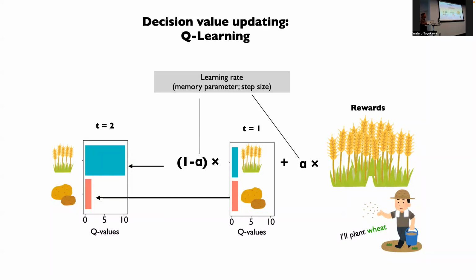For example, the unchosen option's value might also change, so you can tweak this assumption. It's up to the modeler, but let me stick with the simplest version: the unchosen value isn't changing and only the chosen value is updated. So now he has an updated belief, with a strong preference toward wheat.